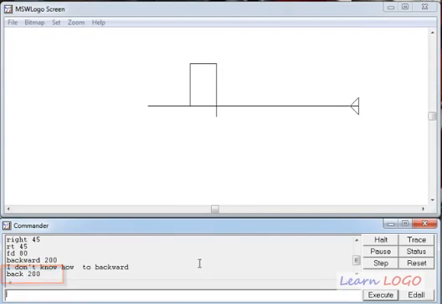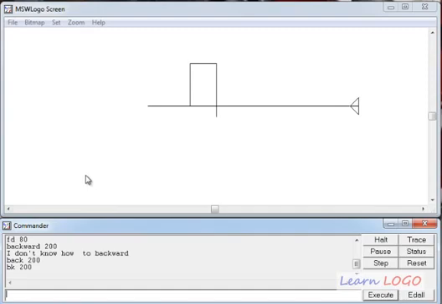Otherwise, it will shout at you, right? So back is the command to make the turtle move in backward direction. And BK is the short form of back command, which you can use in place of back, right? So these are the basic primitives or basic commands in Logo. Using them, you can draw any figure.